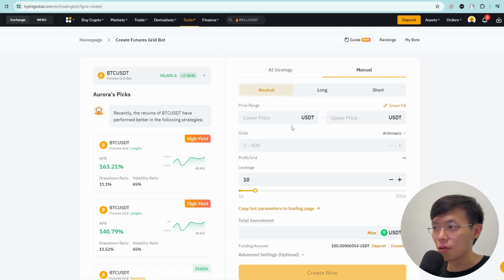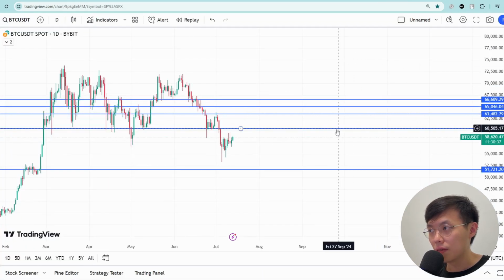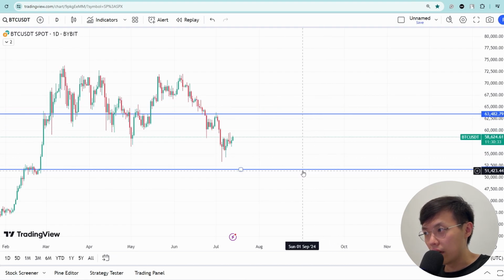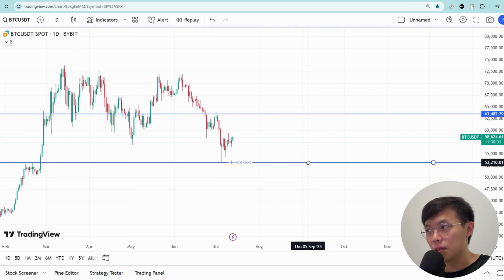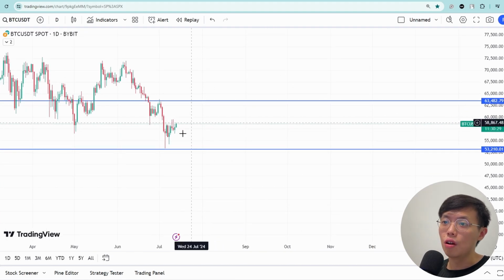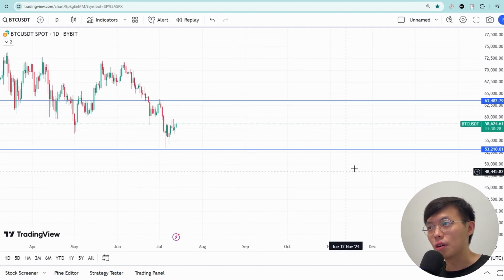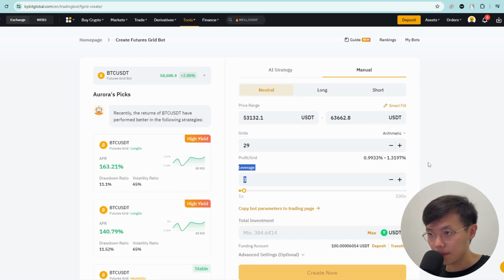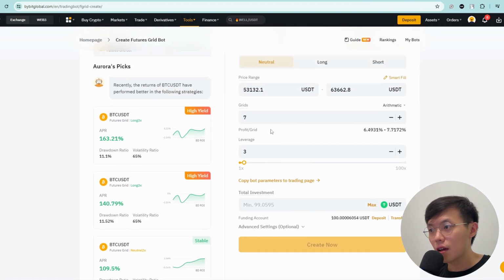So we press smart again, 53 and 63. 53 is right here, 53 something and 63. So it will long and short at this range for us with all these grids, and you choose how many grids you want. With 7 grids, I can actually use my 100 USDT.